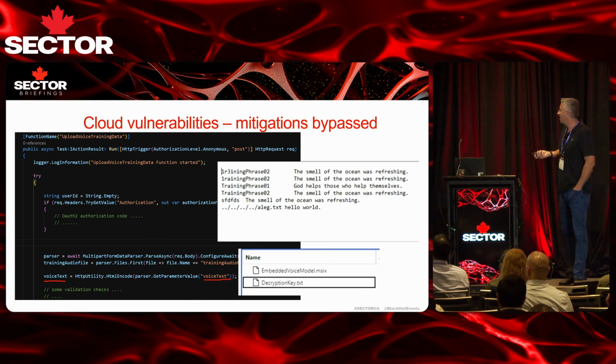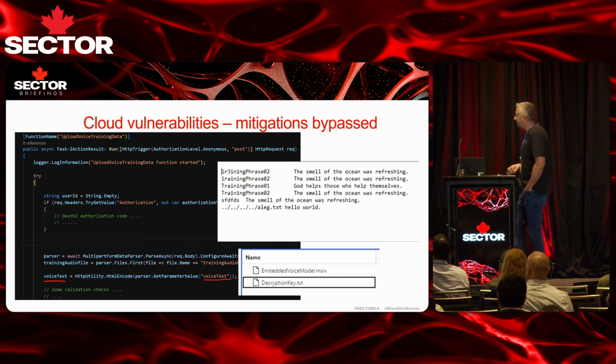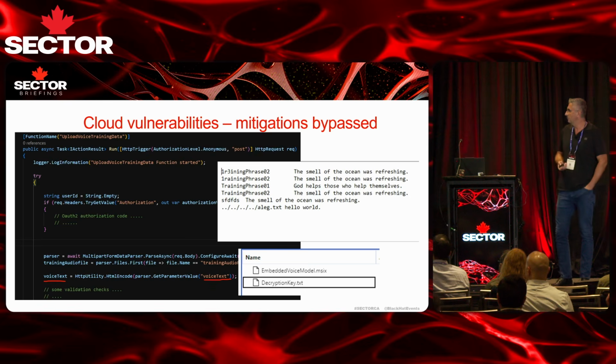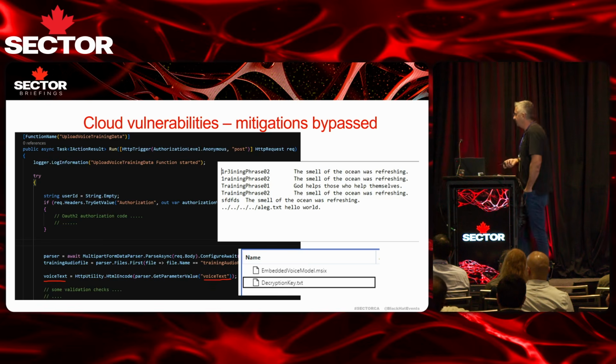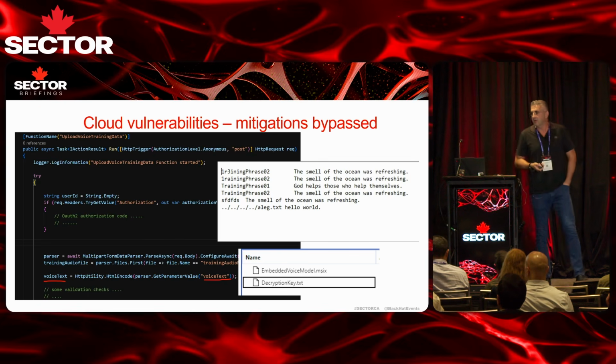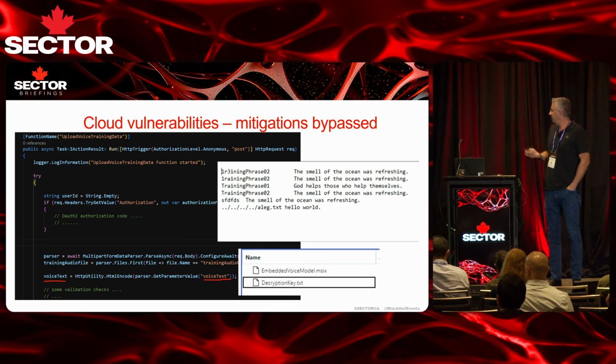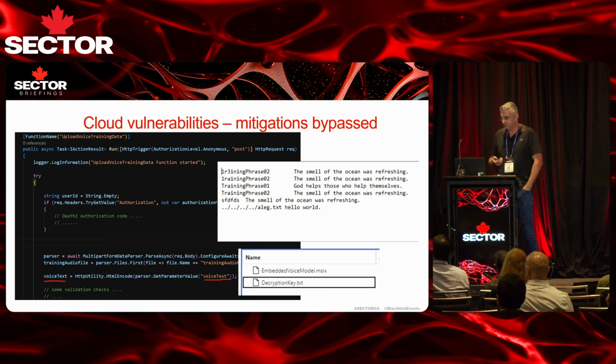And this was possible because all the data, including the model, were stored in one global blob storage, separated only by different folders. Different users were separated by different folders with no additional permission checks. And if that wasn't enough, the encryption key for the model was stored along with the model itself. Needless to say, you usually want to use Azure Key Vault to store sensitive keys.